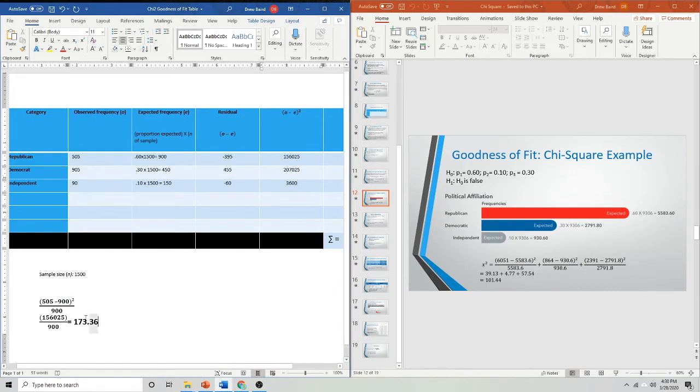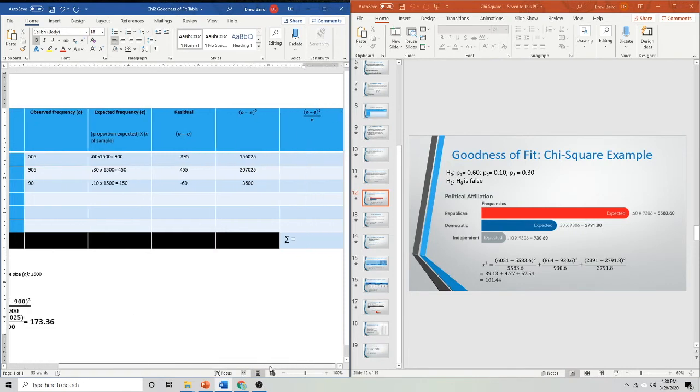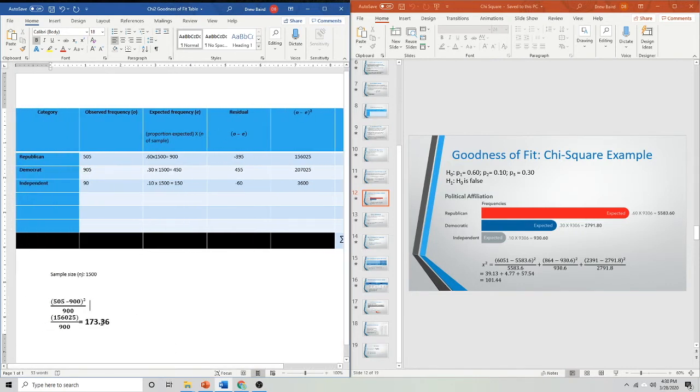What I went ahead and did here is the equation for the first category, Republicans. You can see 505 minus 900, so observed minus expected, square that, and that gives you our squared residual of 156025.